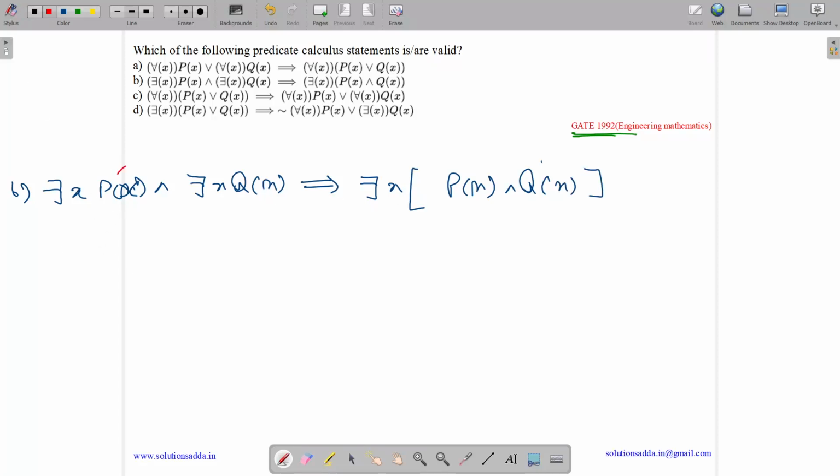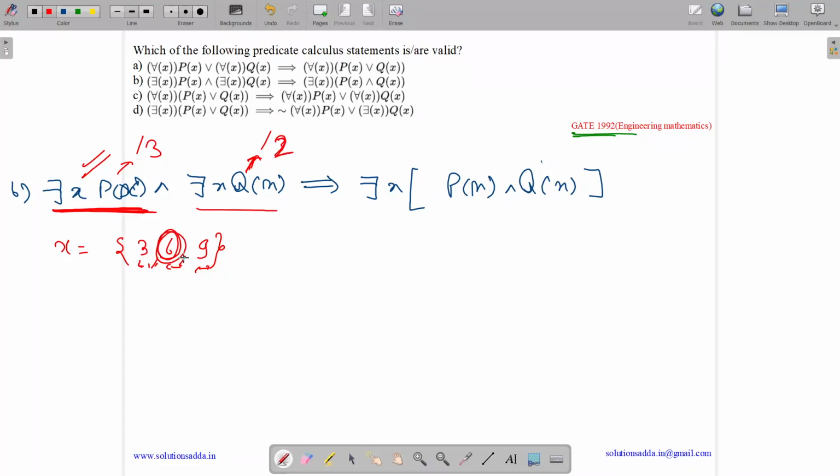Suppose px means divisible by 3 and qx means divisible by 3, and x has items like 3, 6, 9. What does this mean? It means there is an item which satisfies divisibility by 3. Yes, 3 is divisible by 3, 6 is divisible by 3, 9 is divisible by 3. So this is true. This one may be true or may be false, but for this example, this is true. There exists an x such that qx is true, which means divisible by 2. Yes, 6 is divisible by 2.